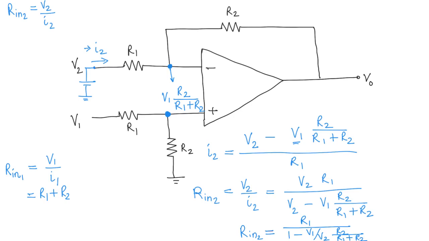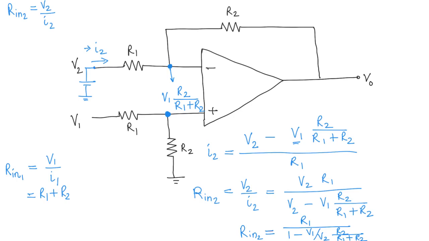If V1 and V2 are equal, then R in 2 is going to be R1 over 1 minus R2 over R1 plus R2. If V1 is 0, we get R in 2 equal to R1, and so on and so forth. So basically what we are saying is that as V1 increases, the input resistance here starts to increase.